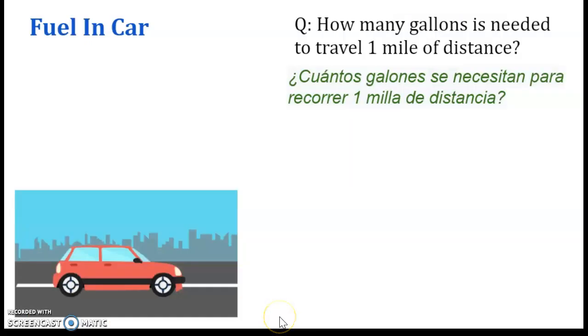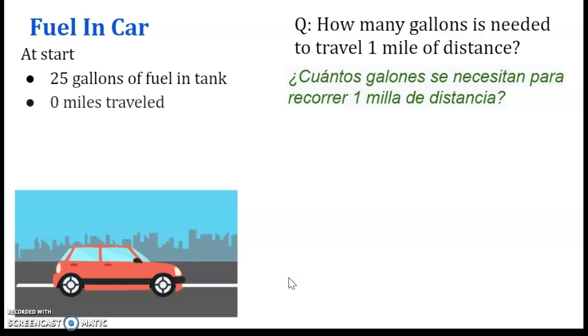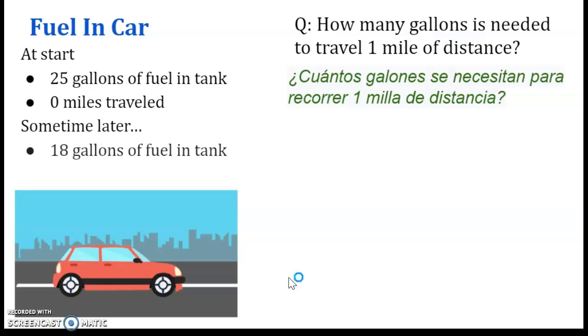Okay, I'm going to assume you've had a chance. So how many gallons are needed to travel 1 mile of distance? Well, at start, we're told that 25 gallons of fuel is in the tank and 0 miles have traveled. And sometime later, 18 gallons of fuel in the tank and 175 miles traveled.